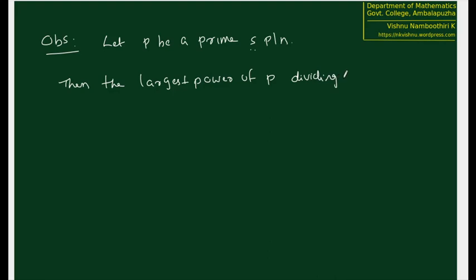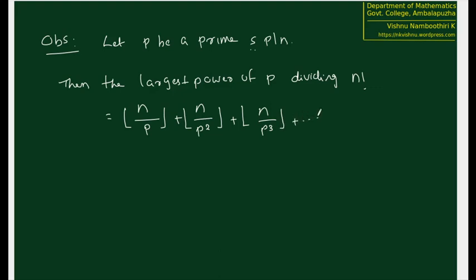Appearing in means, as in the previous case, it's 125. We are not going to derive that thing. The largest power of p dividing n factorial is equal to the floor of n by p, plus the floor of n by p square, plus the floor of n by p cube, plus etc.